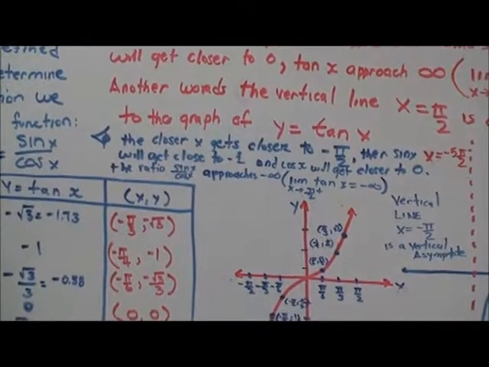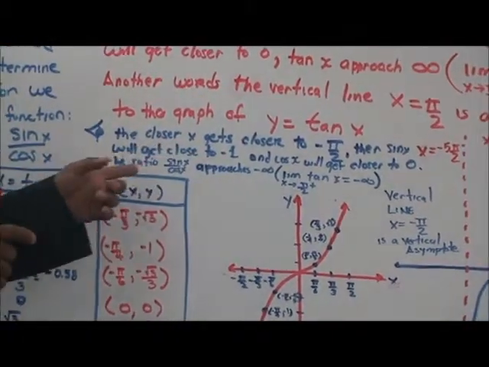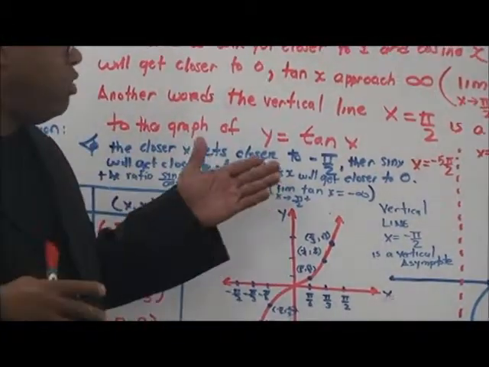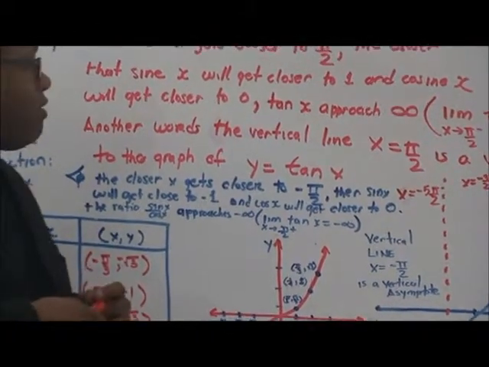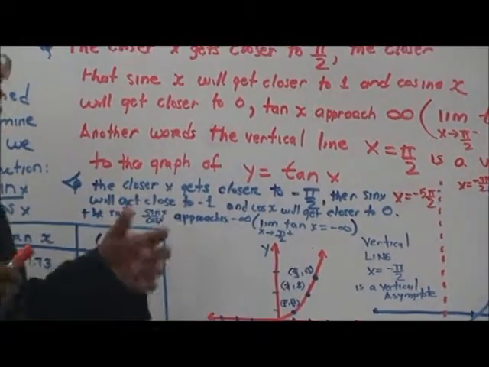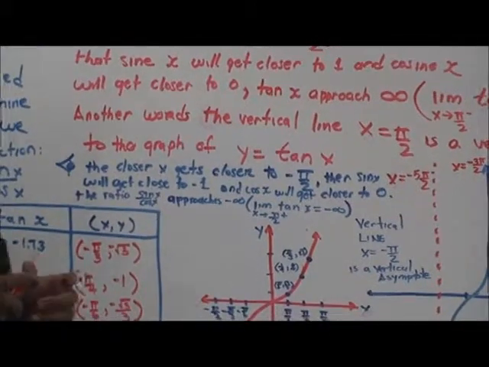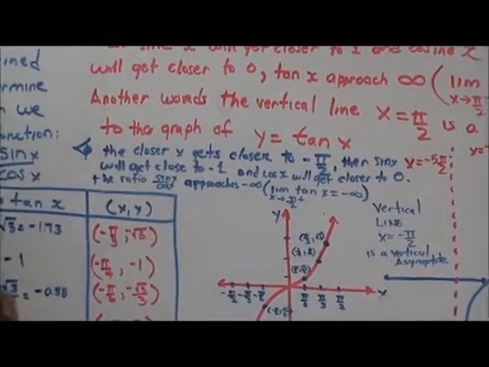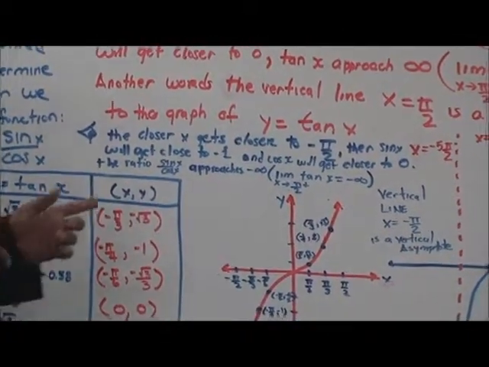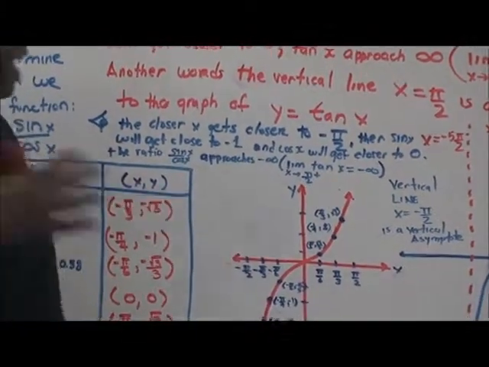Now, let's look at something else here. The closer x gets to negative pi over 2, sine x will get closer to negative 1, and cosine x will get closer to 0, and the ratio sine x over cosine x approaches negative infinity.